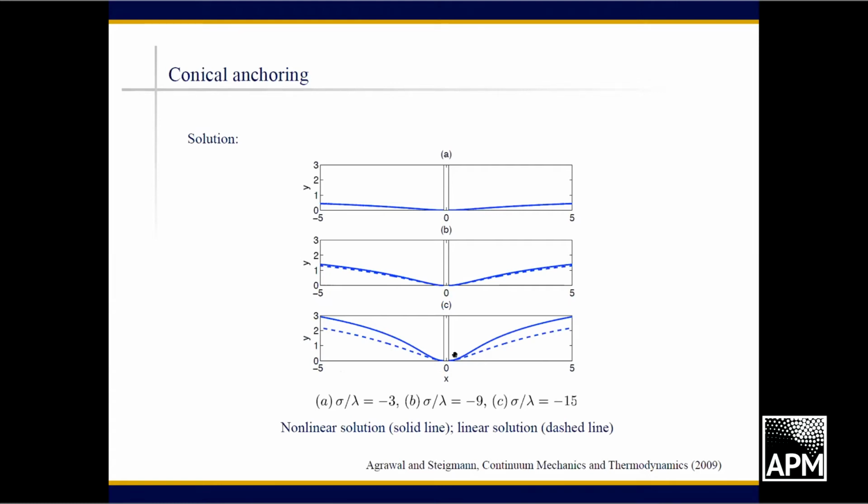So for larger sigma, you expect a deeper penetration, and therefore a greater deviation of the nonlinear solution from the linear one, and that is in fact predicted. And interestingly, the linear theory underestimates the deflection relative to the far field value. The linear theory is overly stiff, in other words.